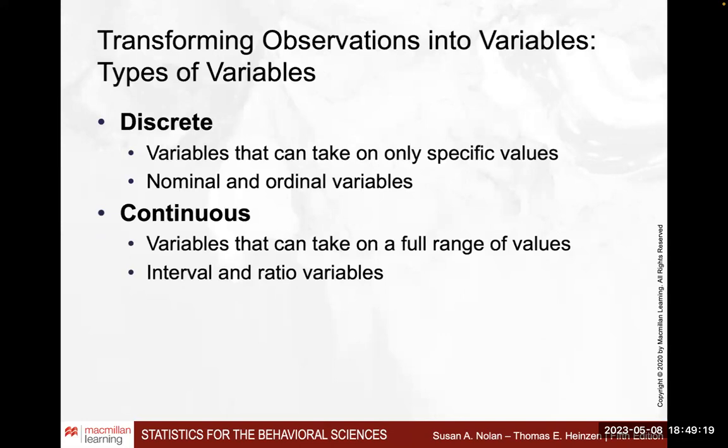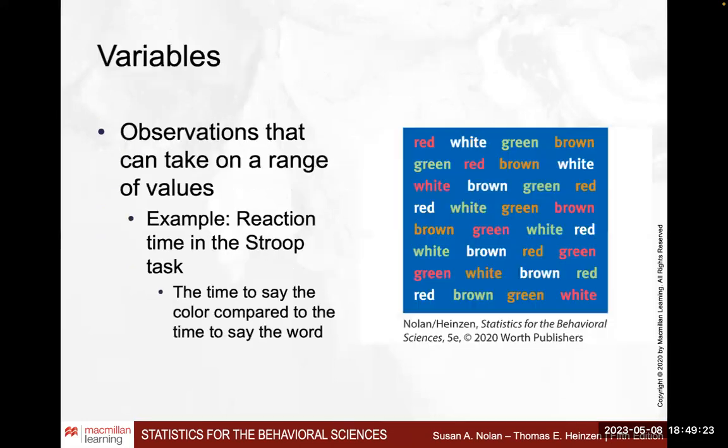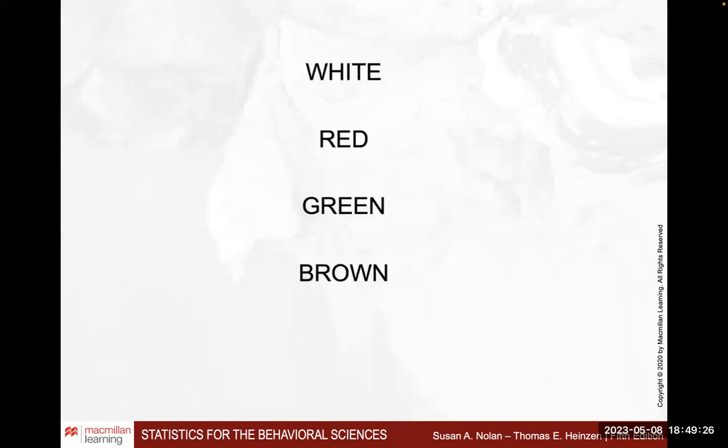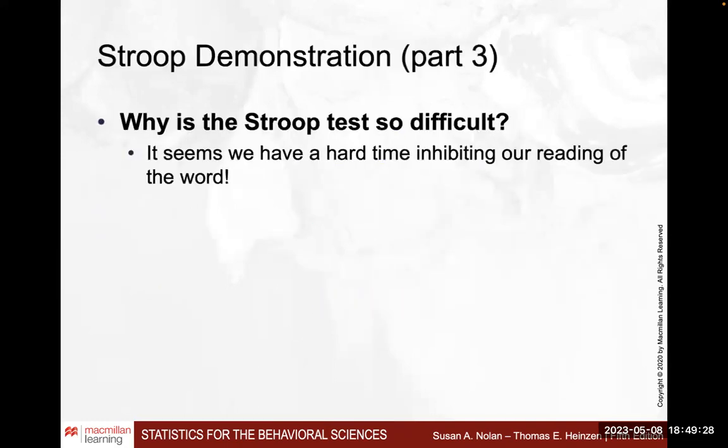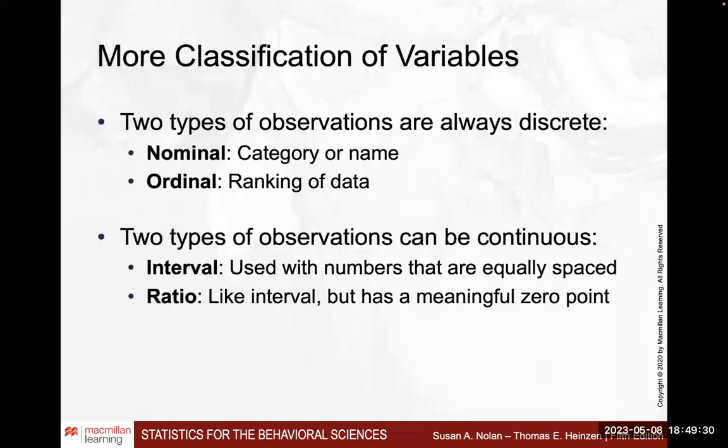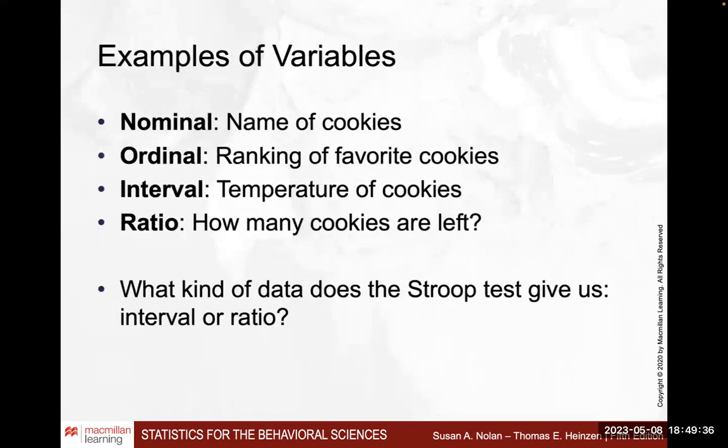Know the difference between discrete or categorical variables and continuous variables. Group test we talked about. Know the difference between categorical and continuous, interval, ratio. Remember the cookies. Nominal is the name of the cookie. Ordinal is which one is my favorite cookie.